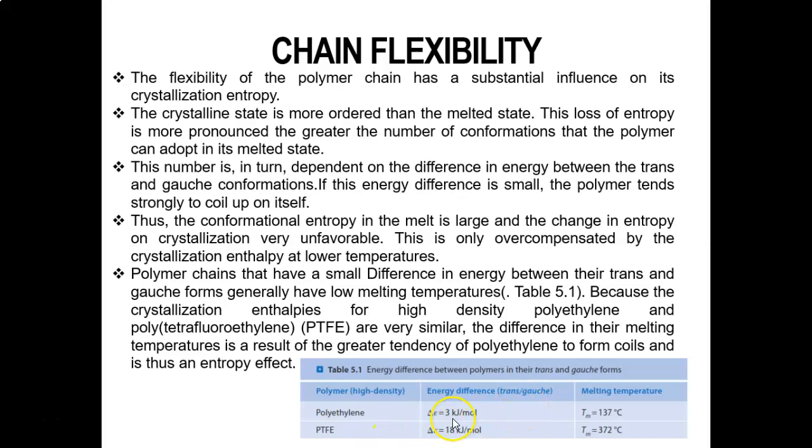For PE, we have 3 kilojoules per mole, and the melting temperature is slightly lower than PTFE, which has 18 kilojoules per mole. The melting temperature is 372, which is slightly higher because of the difference in energy. PTFE has higher energy compared to polyethylene, which leads to an increase in the melting temperature.